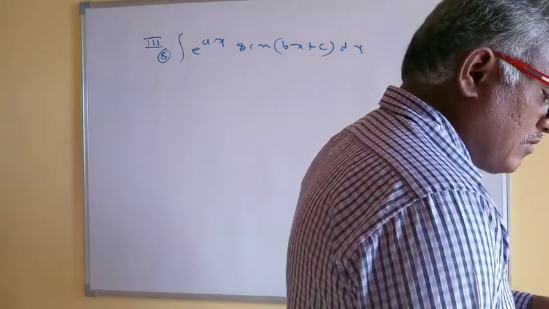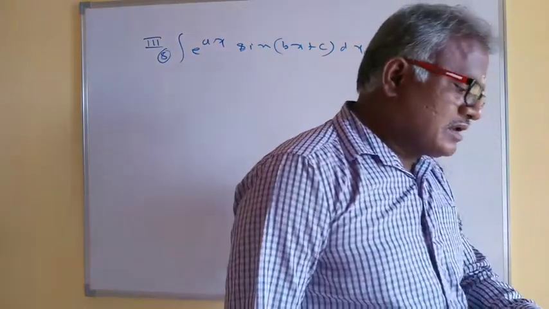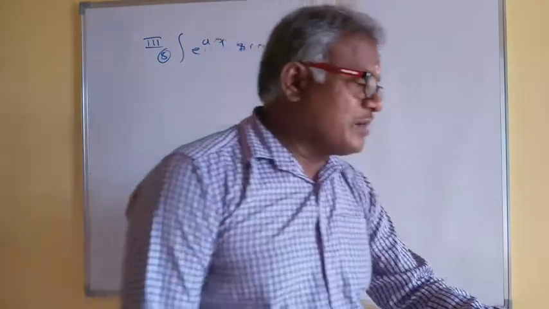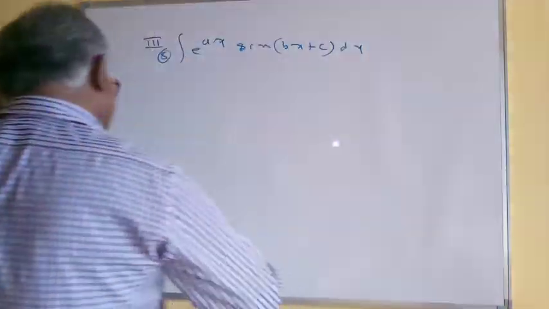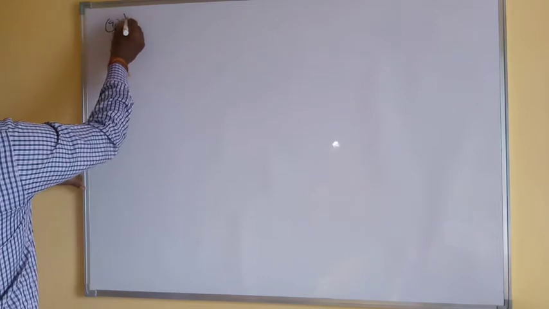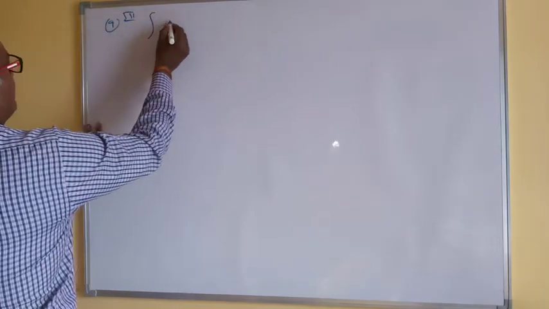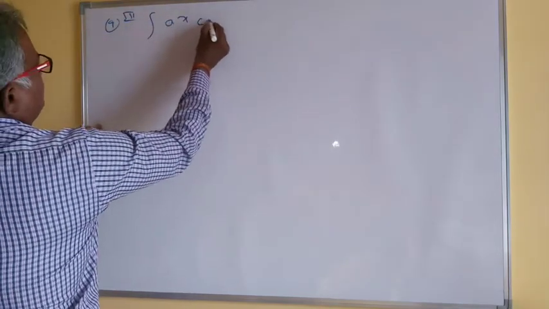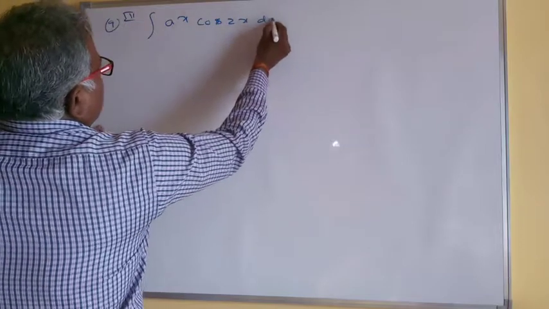Same model, one more model here. Ninth problem, Roman number 3: a power x into cos 2x dx.